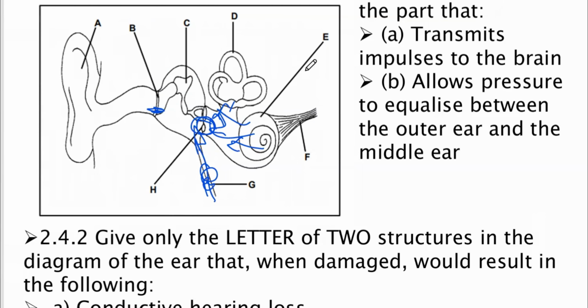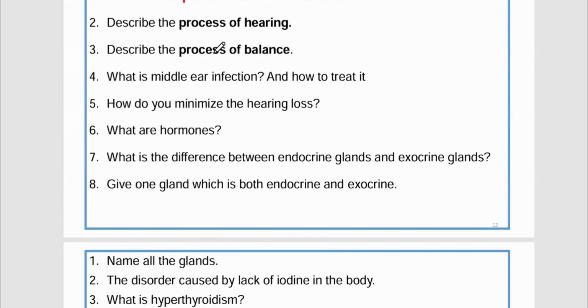So when we go back here, we know that the hearing is done, and the labeling of all the parts of hearing. Then we go to the balance. When it comes to balance, use the sign model of balance. And there is even a song created for balance. Stay on our YouTube channel.